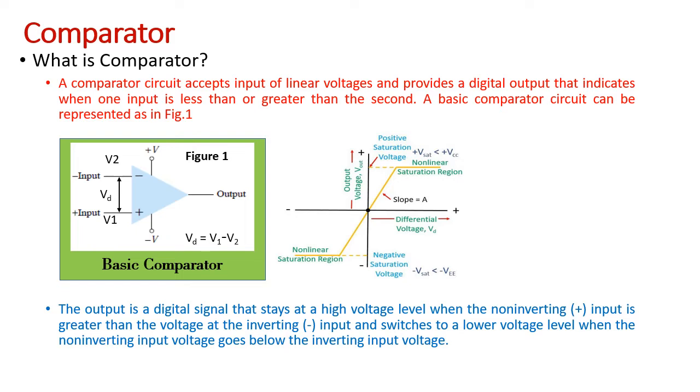If Vd is less than 0, on the negative axis, or you can say V1 is less than V2, the output will be minus Vset, which corresponds to logic 0. So in this manner you will get a digital output, logic 0 or logic 1, based on whether V1 is greater than V2 or less than V2.